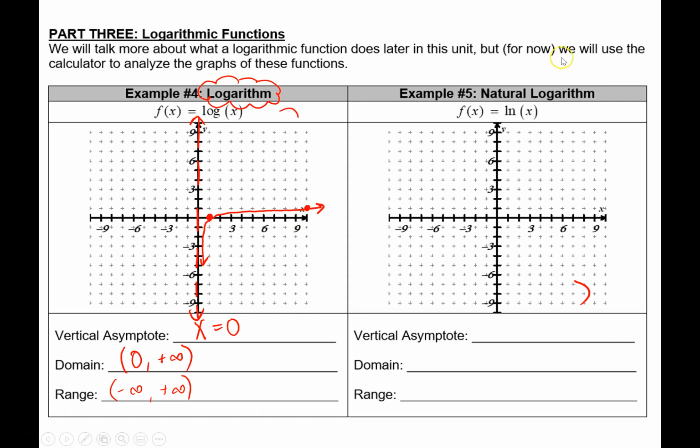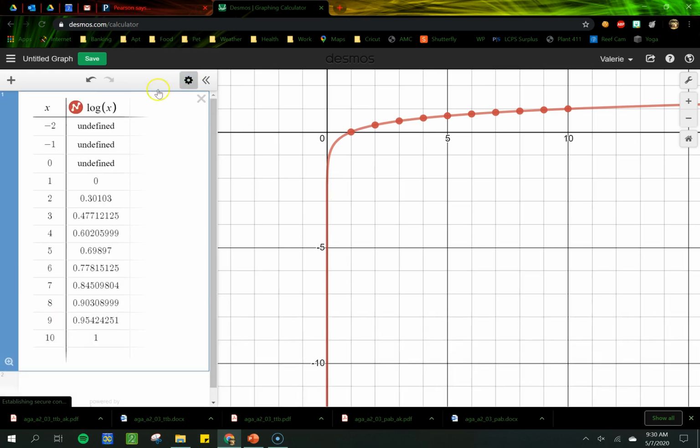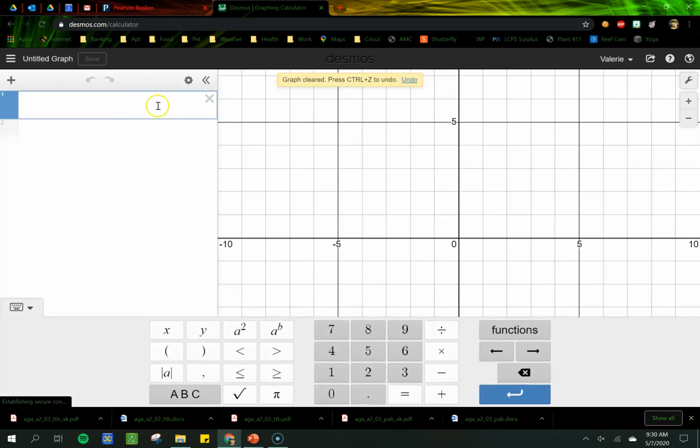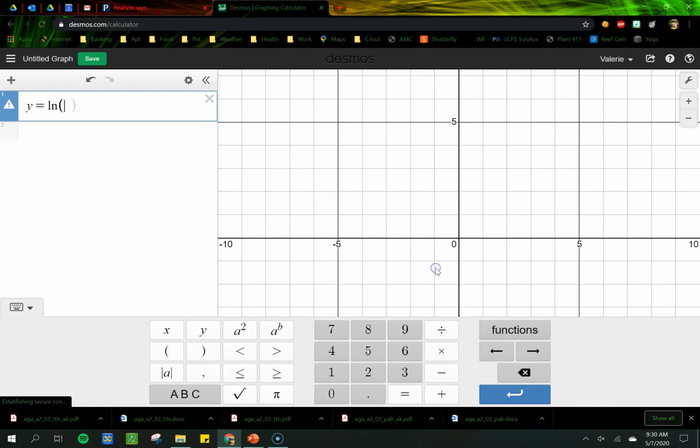Let's now look at one of the other types of logarithms, a natural log. So let's graph this one in Desmos. I'm going to clear those out. And this time you can either type ln to get the natural log, or again you can use those function buttons and go to the ln or natural log button, and it'll get you to the same place.